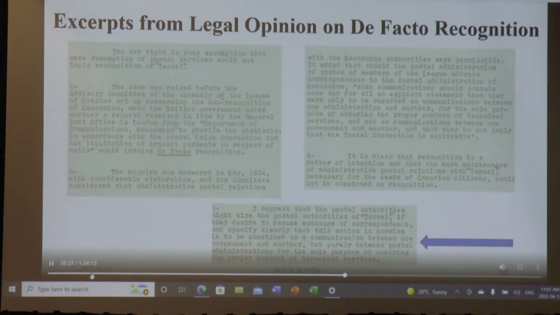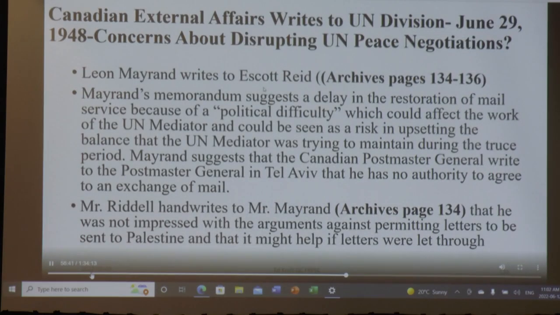So, as a result, Hopkins says, if you're going to wire the postal authorities of, quotes, Israel, you better tell them that it's purely for the purpose of ensuring the proper conduct of technical services.